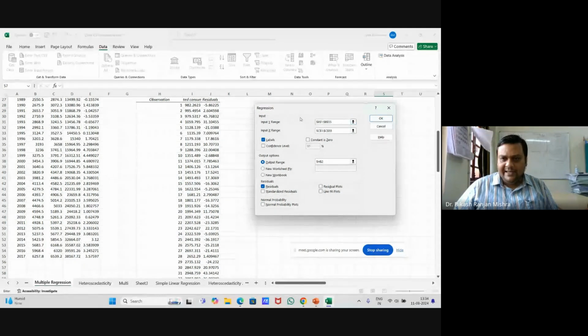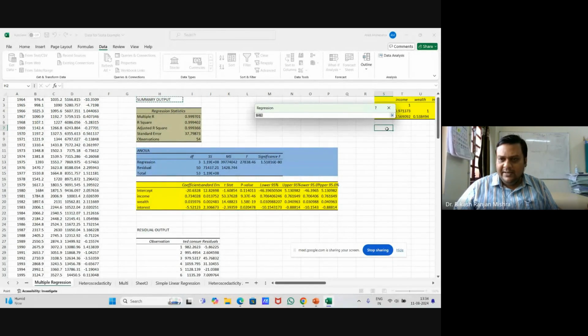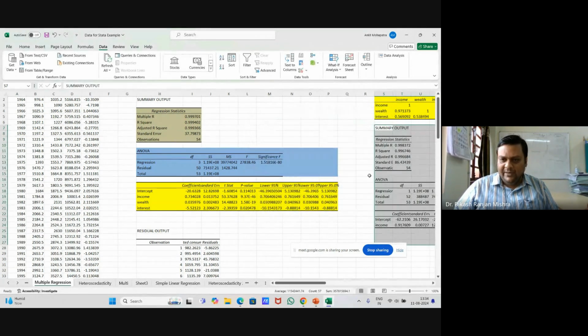That's why I have selected Y as consumption and X as only income, not wealth and interest clubbed together. Labels are selected, and the output range is there. I need not do residual assessment currently. Where do I want to plot my result? The results may be here. Let us go to OK. So I am getting this figure.